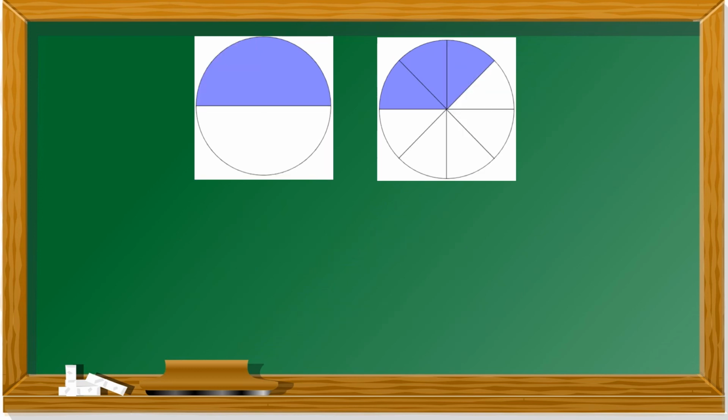How about this? The diagram on the left, how many parts? 2. With one shaded part, so we call it 1 over 2. The diagram on the right, how many parts? Count.